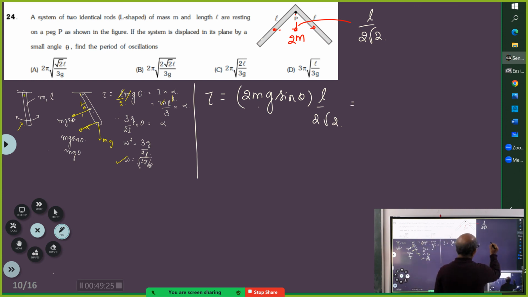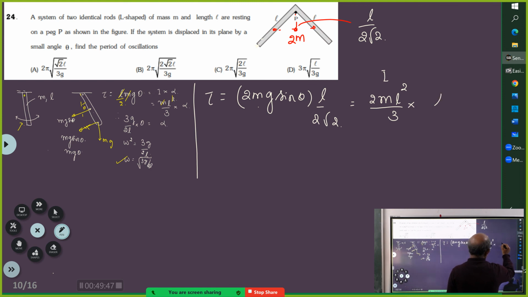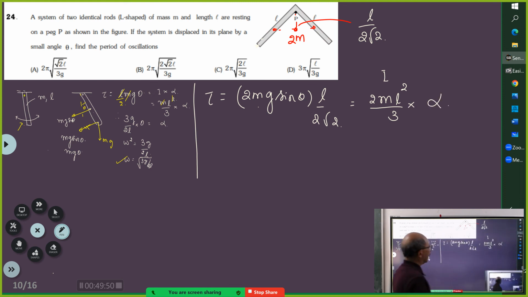So the moment of inertia of each rod will be m L square by 3, and there are two rods, so that is 2 m L square by 3. I am taking I into alpha. When we are taking the moment of inertia, we should take L square. Correct? What I have written is correct?